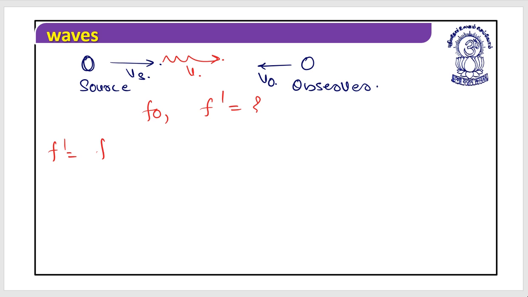If I write down the standard formula, it's (v plus minus v naught) divided by (v plus minus vs).